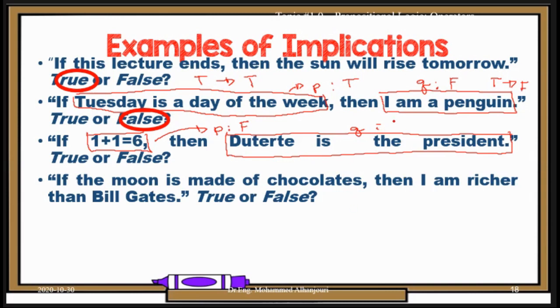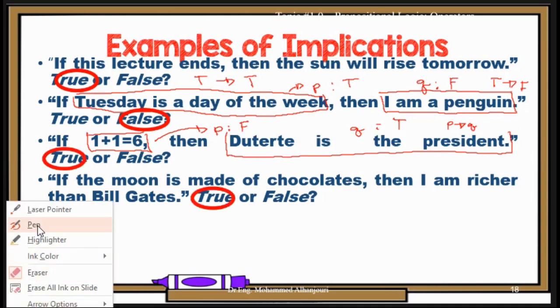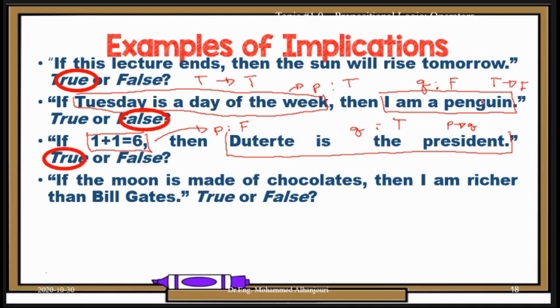Wala tayong choice, so this is true. Now, what is the truth value of this compound proposition? P implies Q. So true pa rin siya. False hypothesis with a true conclusion is still true.